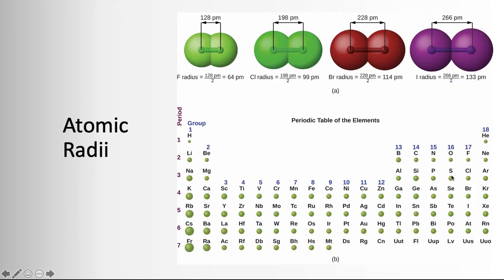Why is that? Well, that's because the electrons are held tightly by the nucleus, because what we're doing is we're increasing the number of protons, but we're not increasing the energy levels.